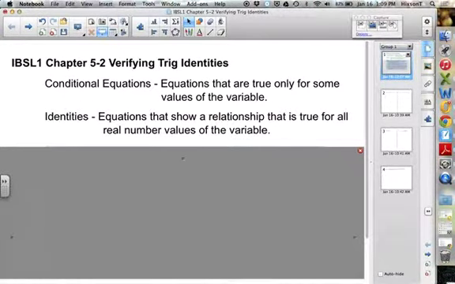An identity, on the other hand, is an equation that shows a relationship that's true for all the real number values of the variable.